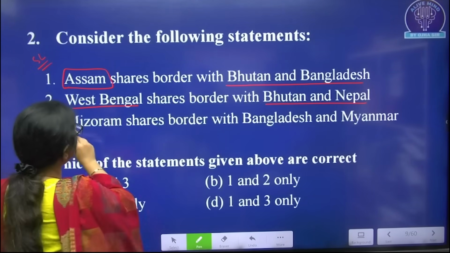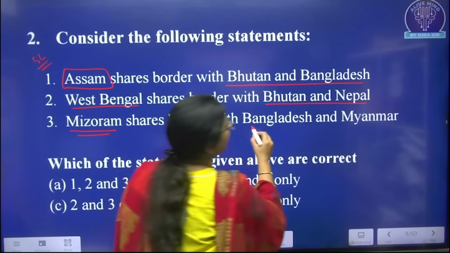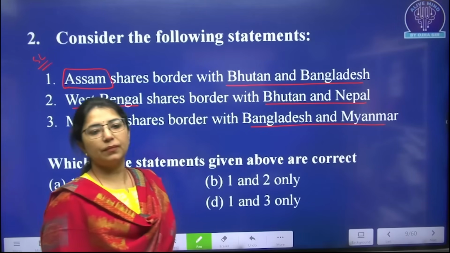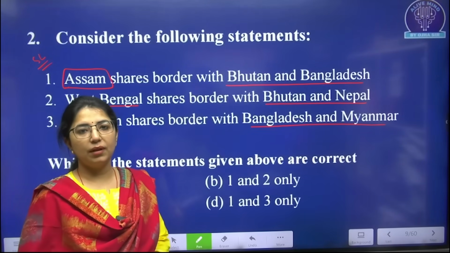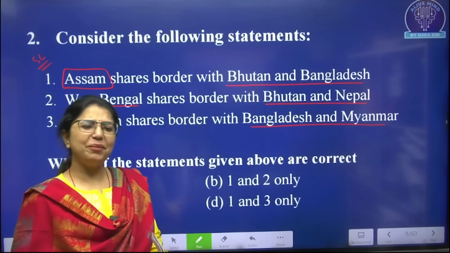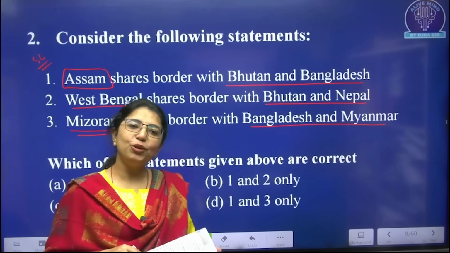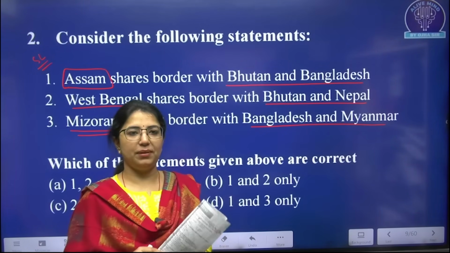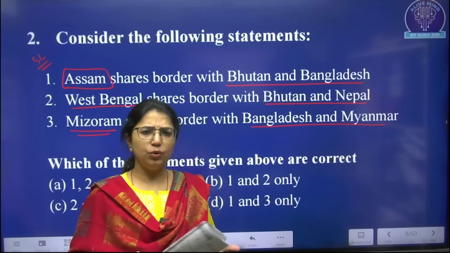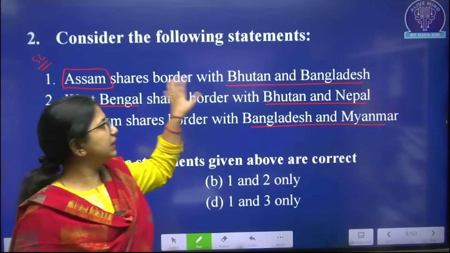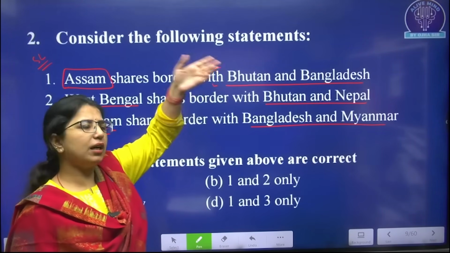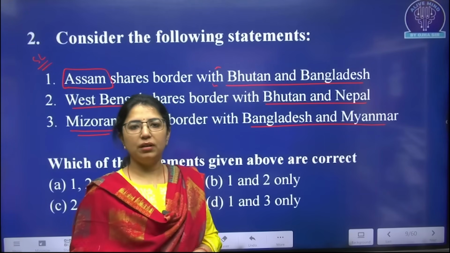And then, Mizoram shares border with Bangladesh and Myanmar. Now, most people will say, ma'am, who is going to learn them up? The person who wants marks in the paper will mug them up. You don't know if by chance UPSC asks a single fact from this and the other 2 facts they'll take from another topic.